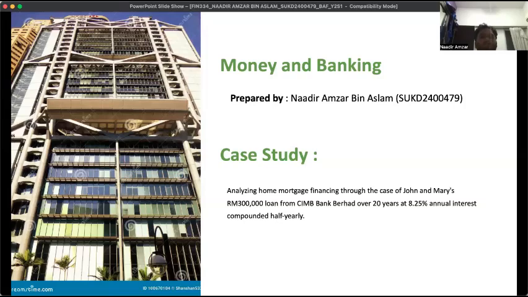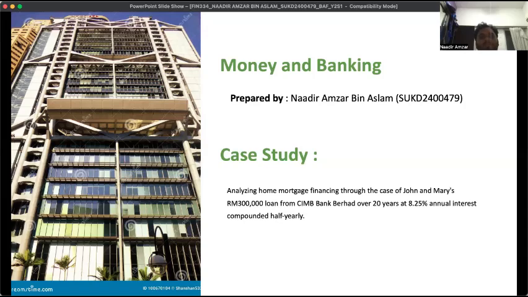Today I will be presenting my case study for the subject money and banking. So my topic is analyzing home mortgage financing, and I'll be using the example of John and Mary's 300,000 ringgit Malaysia loan from CNB Bank Berhad over 20 years at 8.25% annual interest compounded half-yearly.